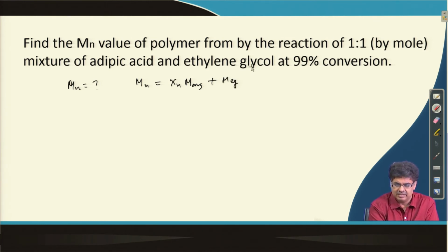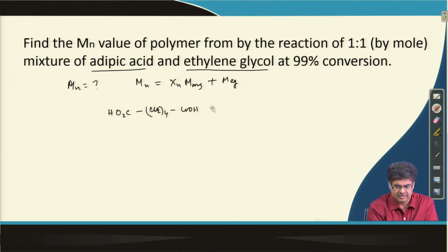The polymer is the reaction of adipic acid and ethylene glycol, so if I write the structure of the 2 monomers, this is adipic acid plus ethylene glycol, and the polymer structure would be as drawn.